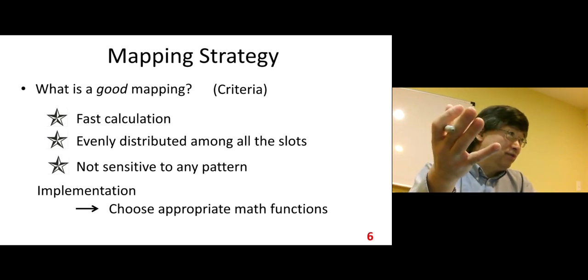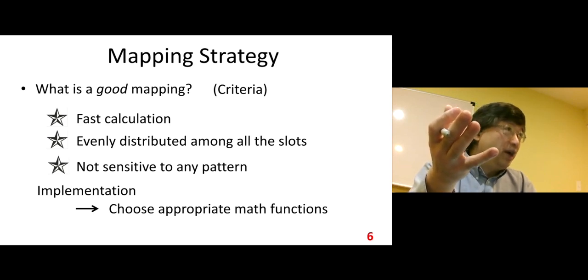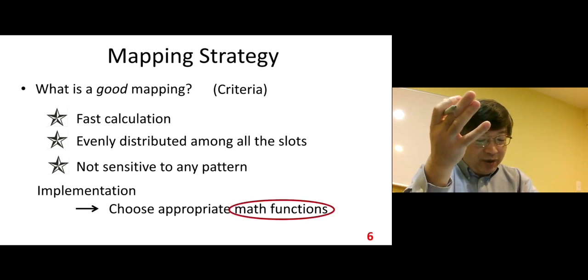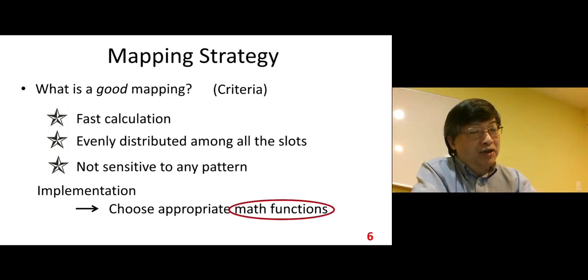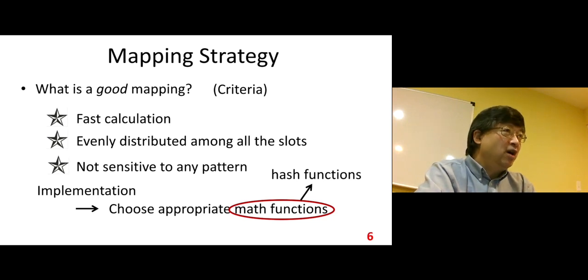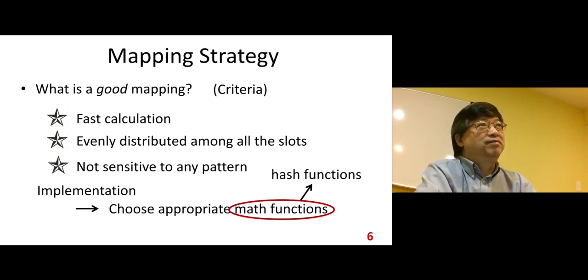A math function. That's the most straightforward connection to the mapping. We call these math functions hash functions. So the issue becomes how to design your hash functions.